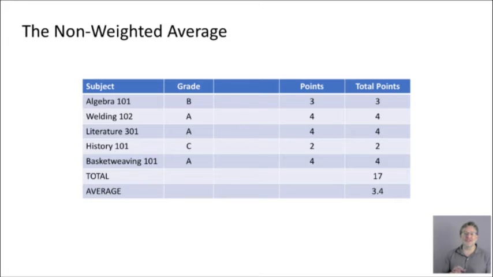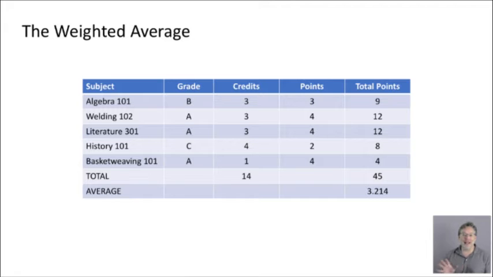But oftentimes schools like to use not that kind of an average, but a weighted average, because when you take a look at those 5 classes there, especially considering that Basket Weaving 101 is only a single credit, and so probably met maybe once a week or so for an hour, and was almost certainly not as intellectually or academically rigorous as, say, History 101 that was a 4-credit class, and so met far more frequently and for longer periods of time, and certainly involved a lot more work than Basket Weaving 101.